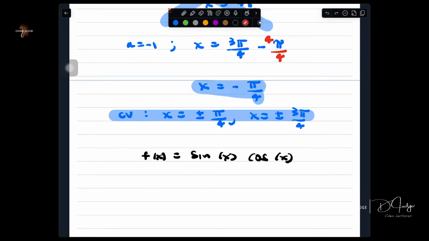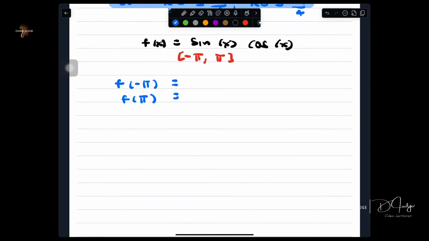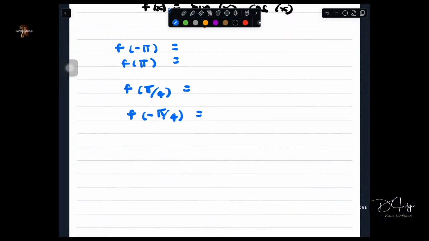So you're going to have to evaluate f of negative pi, f of pi, f of pi over 4, f of minus pi over 4, f of 3 pi over 4 and f of minus 3 pi over 4.